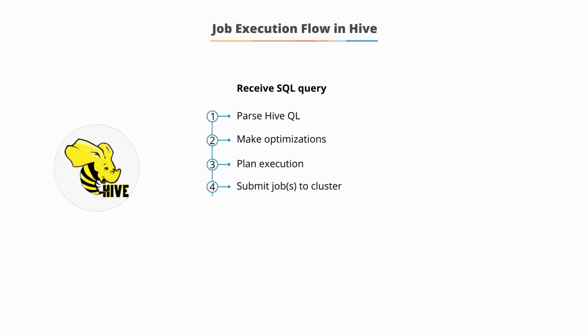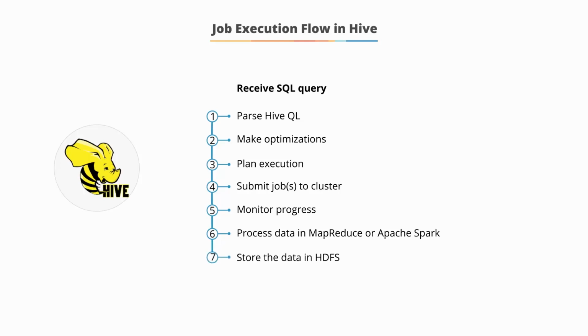It then takes this and submits the job to the Hadoop cluster. It then monitors the progress and then processes the data. The job is sent to the data processing engine, where it is either converted to MapReduce or processed by Spark. And finally, the data is stored in HDFS.